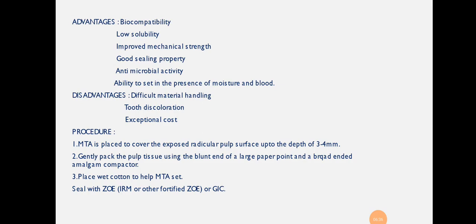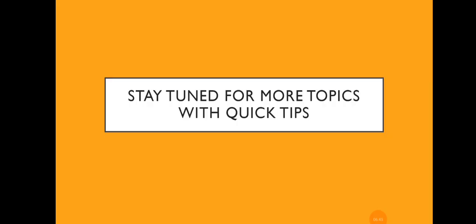With this, we can end this 5-mark question, and this is more than sufficient to gain 4 marks in a 5-mark question. There can be more questions individually on MTA, which I will be describing in later videos, or they can individually ask you about formocresol pulpotomy, wherein there are a few more things which I will be describing in the next video, where we will be talking a little bit about the criteria for success.